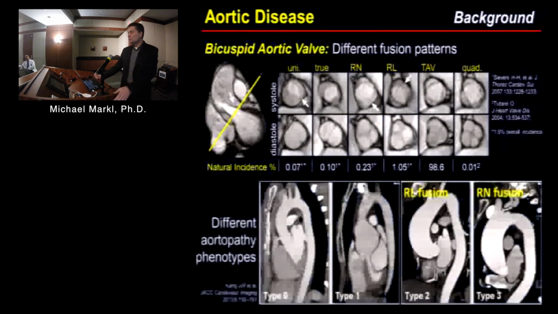What's also known in bicuspid aortic valve patients is that the type of aortic dilatation, or aortopathy, can vary significantly between patients. There are different types of aortic dilatation patterns: type 0 being no dilatation, type 1 where just the aortic root is dilated, type 2 where you have dilatation of the root all the way up into the mid-ascending aorta, and type 3 where you have dilatation all the way up into the arch.